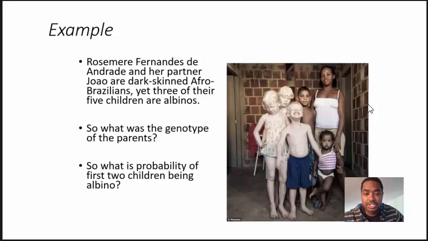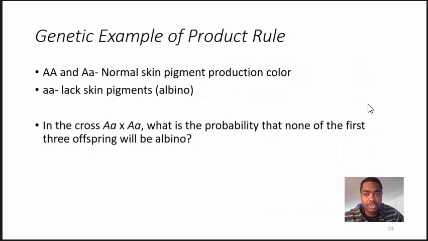So the first question you want to ask yourself is, if the two parents are dark-skinned, in other words, they don't exhibit albinism, and they have children who do have albinism, can you deduce the genotype of the parents? What combination of alleles do they have? You would have to conclude that both parents are heterozygous for the gene for albinism. Why? Because each one of them has to give a recessive allele to one of their children.